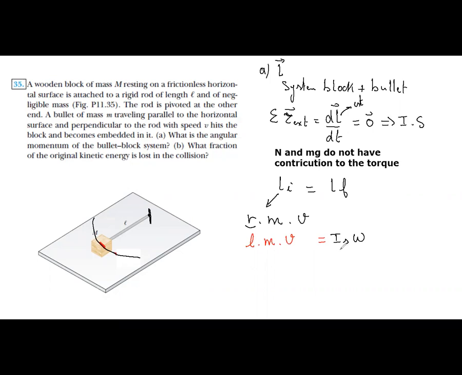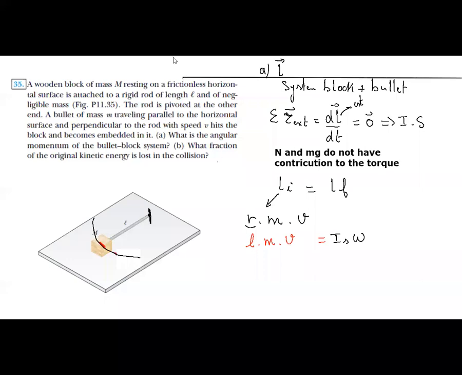Anyway, I need to calculate the angular momentum of the bullet-block system. It means I need to calculate L initial and L final. L initial is equal to L m v, and L final equals I times omega, since we have a pure rotational motion.